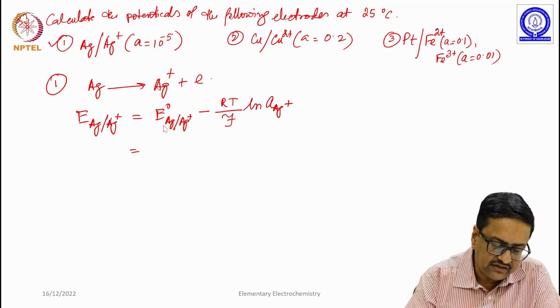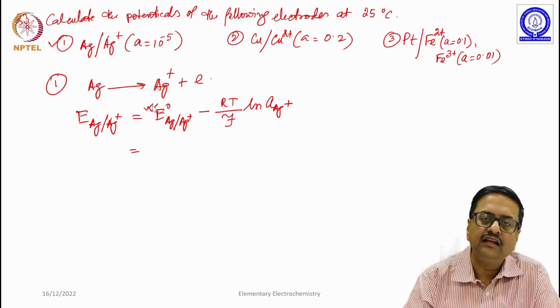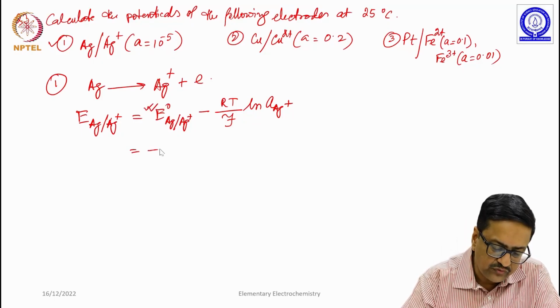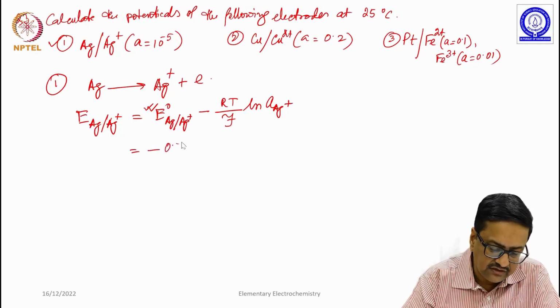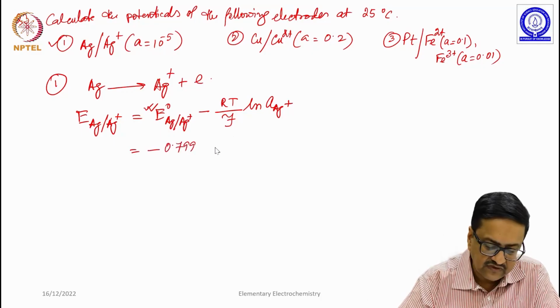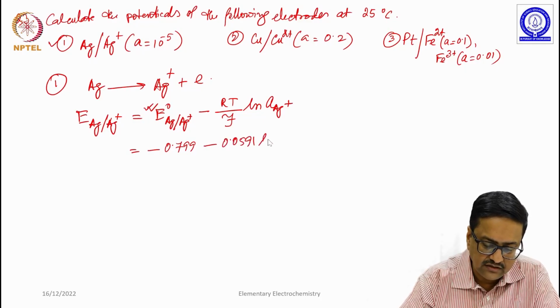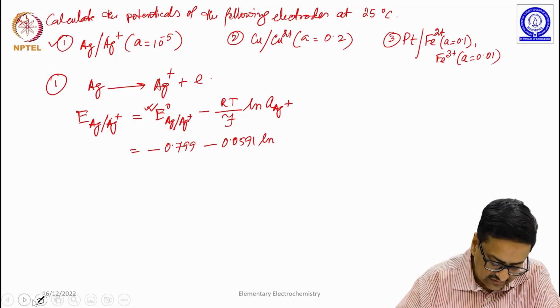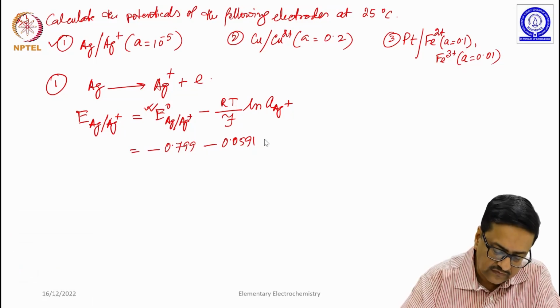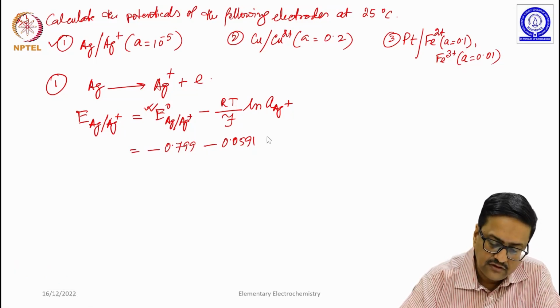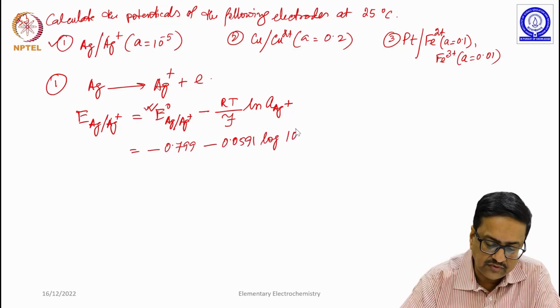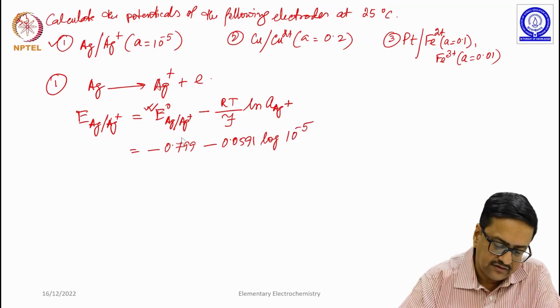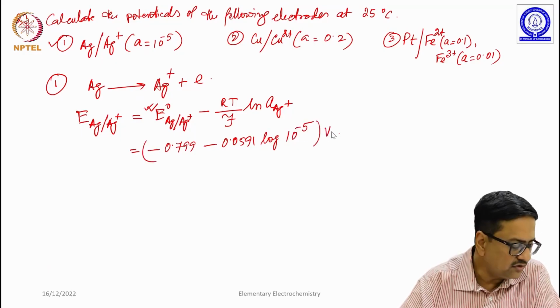Now you take the value of this E0 Ag plus from the literature. We found it to be 0.799 volts minus 0.0591 log 10 to the power minus 5, and the unit is the volt.